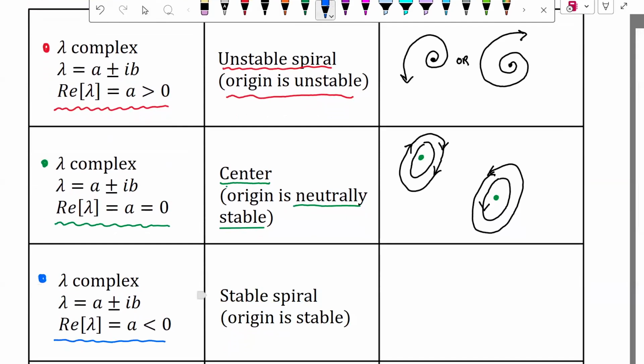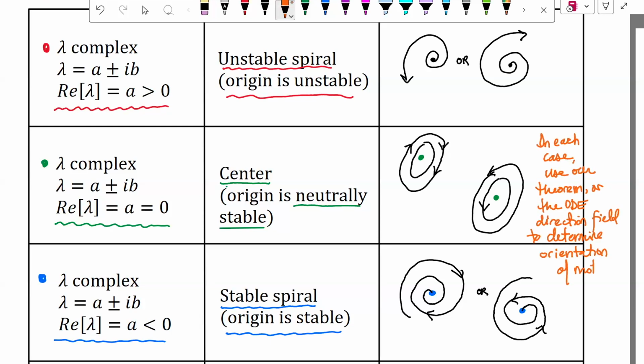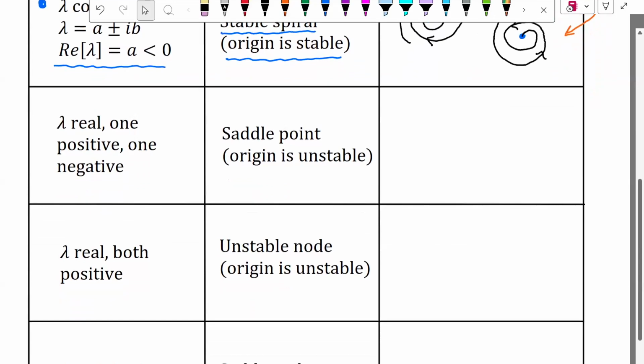Finally, if the eigenvalues are complex but the real part is negative, we again have a spiral, but it is considered a stable spiral, and the origin is stable. And once again, we could move clockwise or counterclockwise, depending on what we learned from our theorem or from our differential equation direction field.